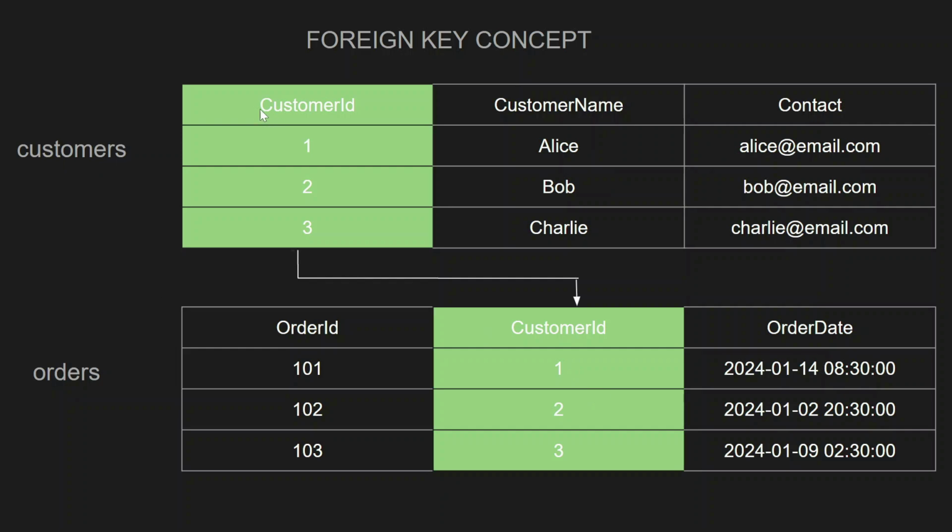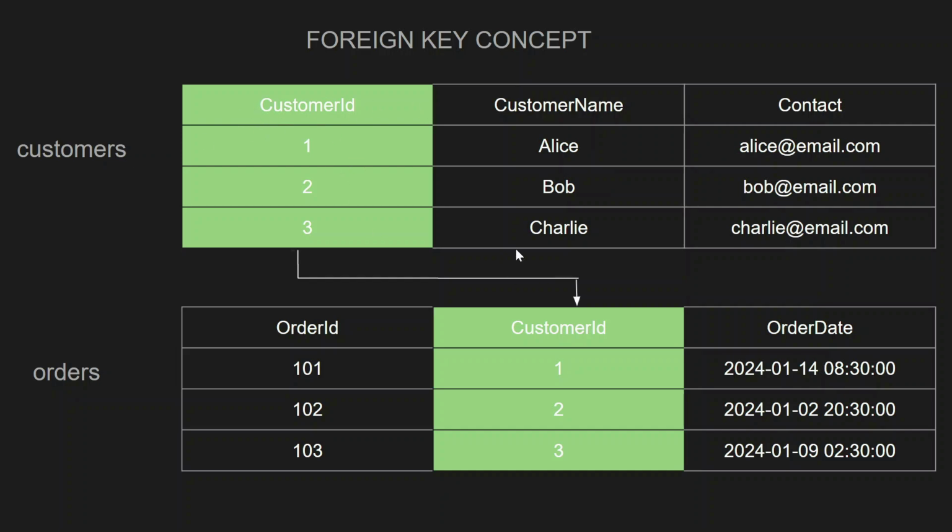That means this customer ID on the customers table is the primary key, and when that column is referenced in another table, it is called a foreign key. So this customer ID in the orders table is a foreign key to the customers table's customer ID column.